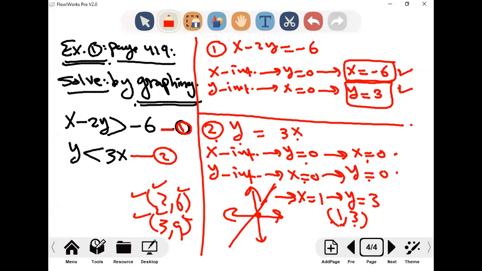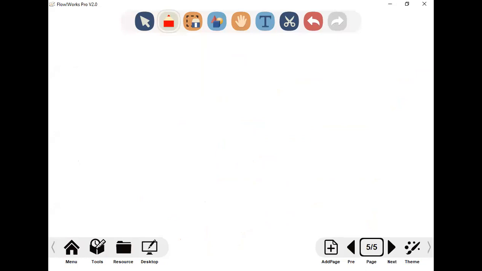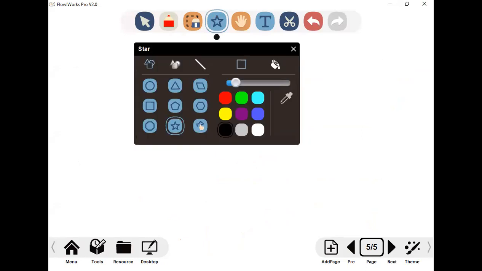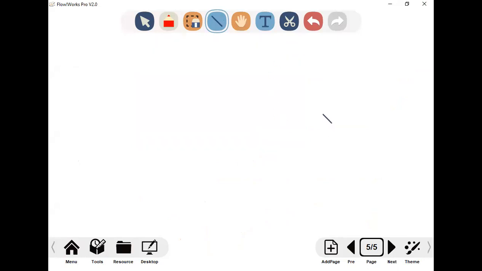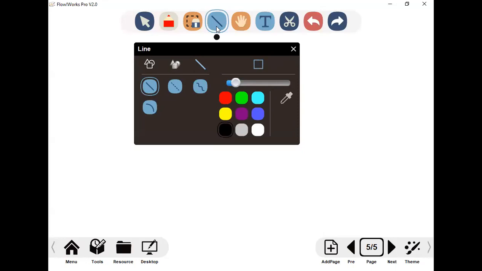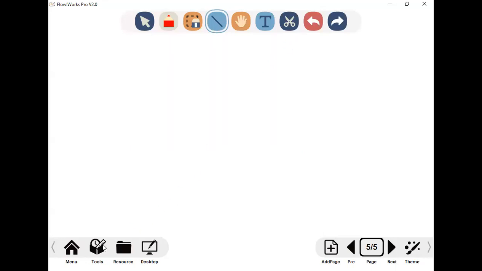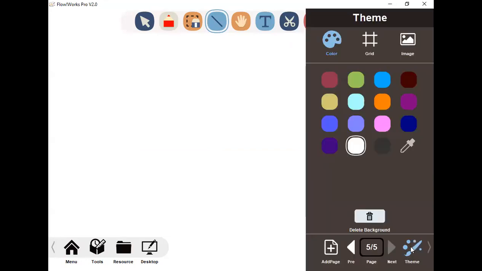Now let's go to the graph. I found the intercepts. I'm ready to graph. Let's go to the graph. Where? I forgot. Here?